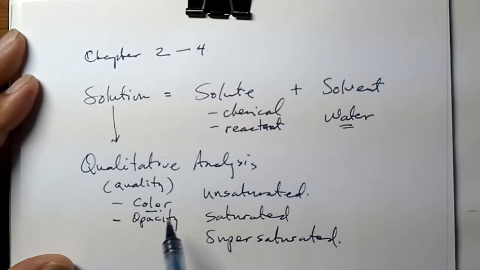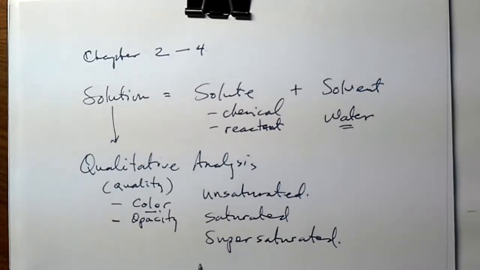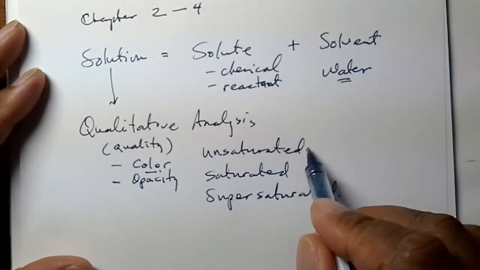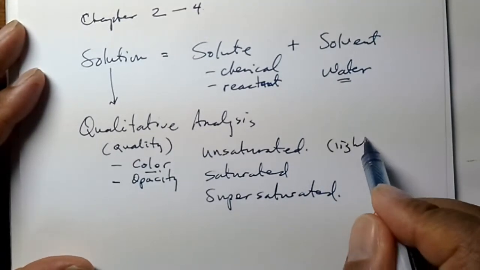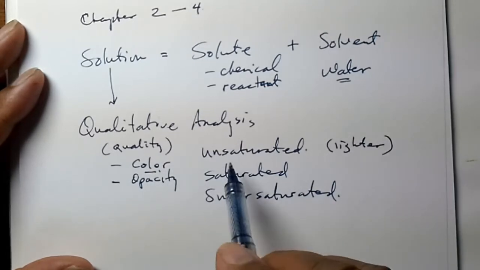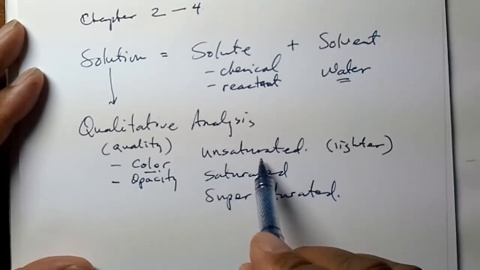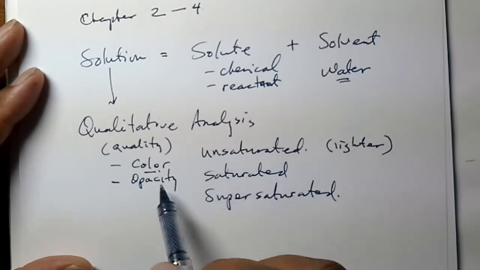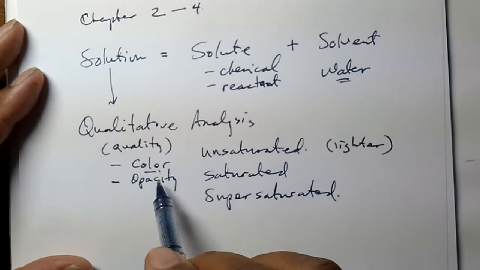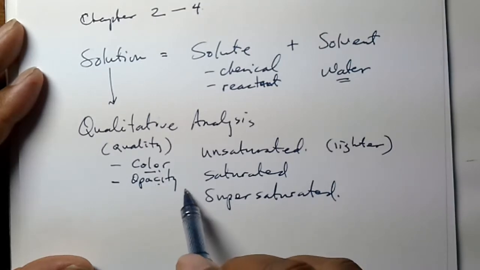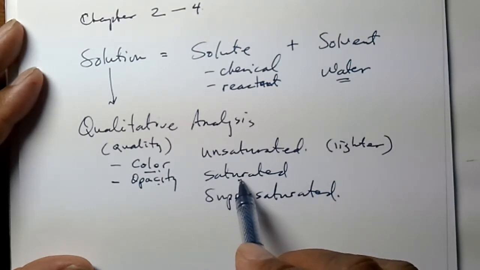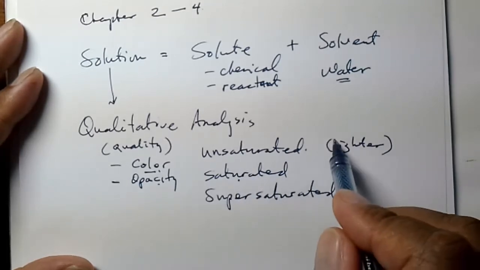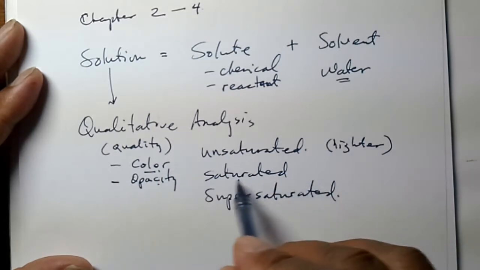If there's color, then it's easy to tell, because obviously unsaturated would be a lighter color, because these imply the density of the solution that's being made. Also, opaqueness. How opaque a solution is also can indicate its concentration in a qualitative manner.